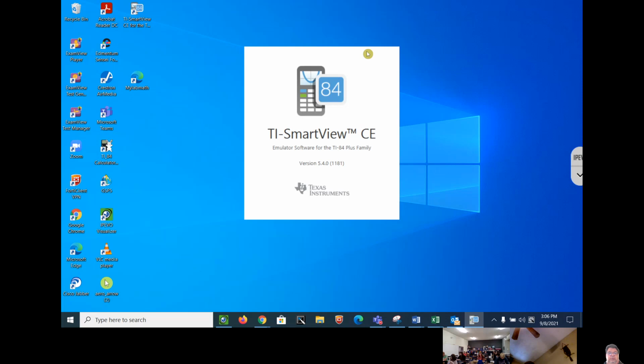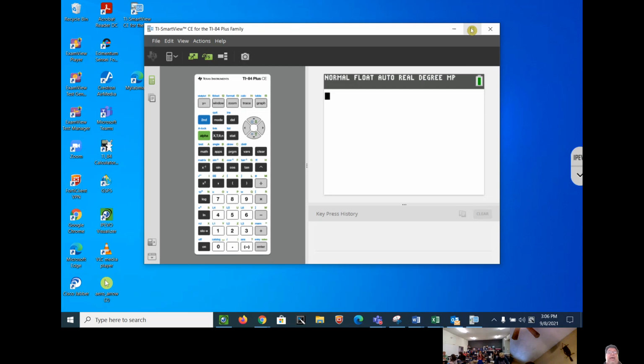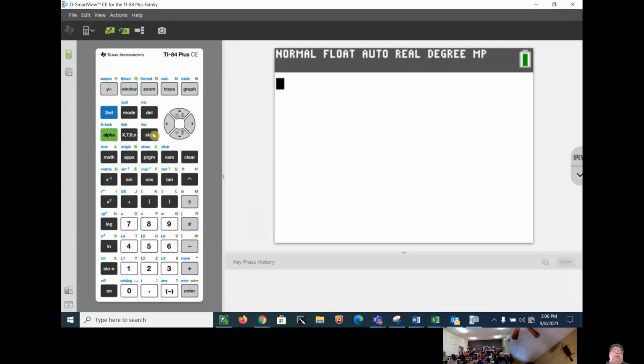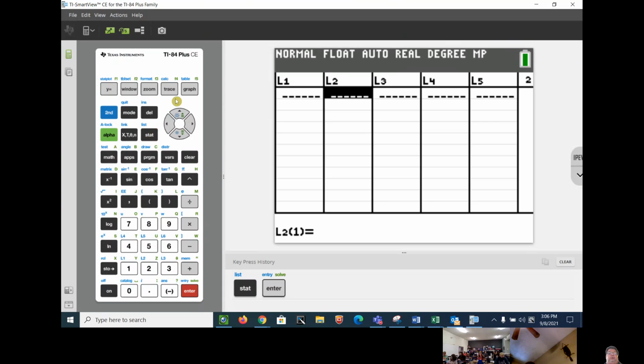As we wait for the Smart View to come up, I'm sorry it's taking so long. There. So you want to hit Stat and Edit. And usually these first two columns are going to be the columns that you use.